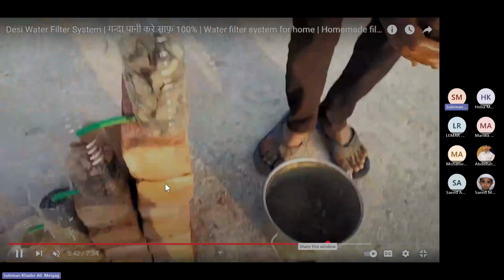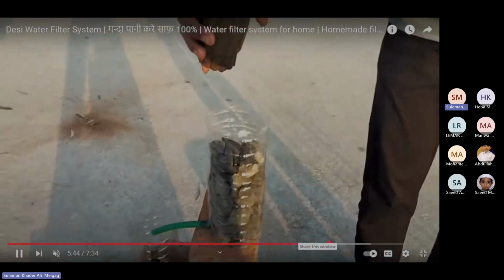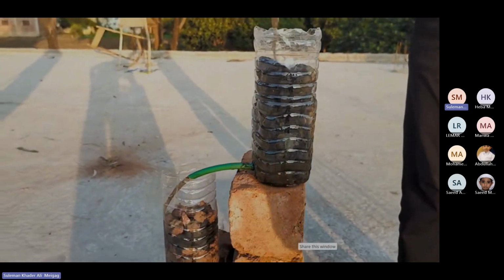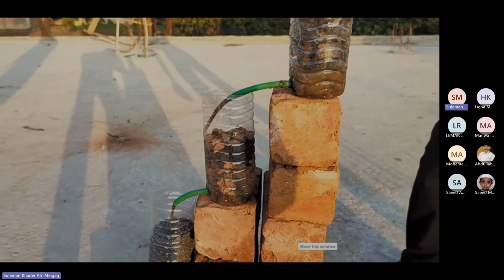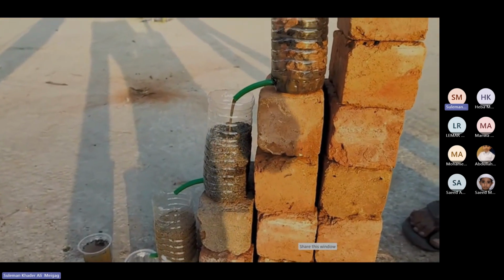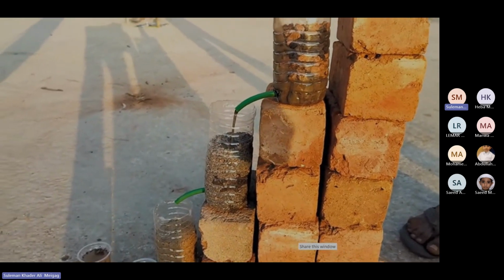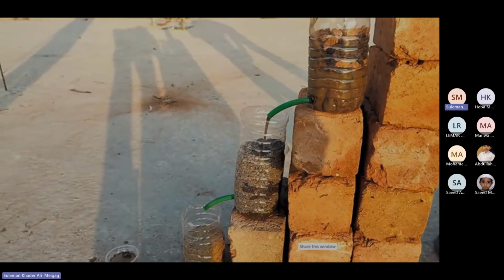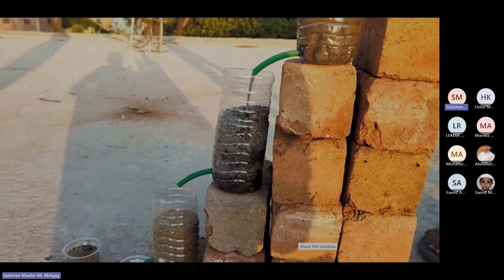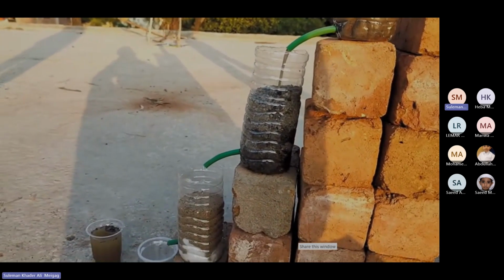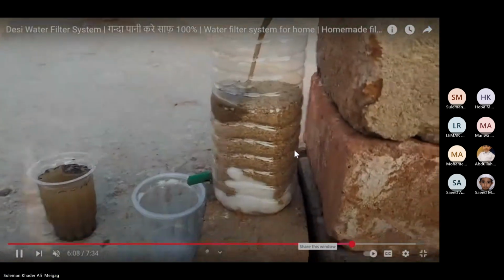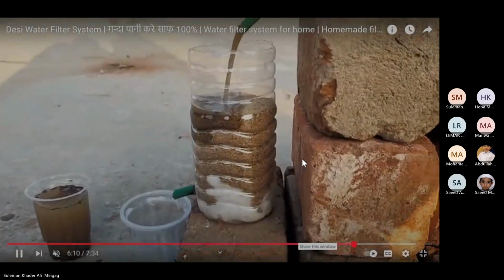Okay, see, he takes clean water. This is dirty water. He puts it in one with plastic and there is a stone there, and then a second stone, and then a third, and then a fourth. See, and the water goes through each. Look, and then another one. This is sand, smaller.